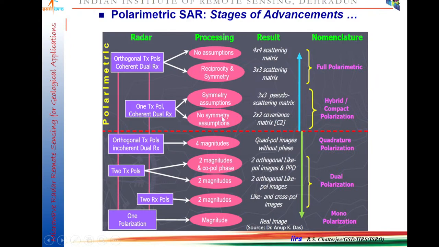So that means two linear polarization and their phase difference, then finally full polarimetry, okay, either 3x3 scattering matrix or 4x4 scattering matrix, where you have both magnitude and phase for all these components, for HH, VV, HV, VH, all full polarimetry. So this is the evolution of polarimetric SAR.